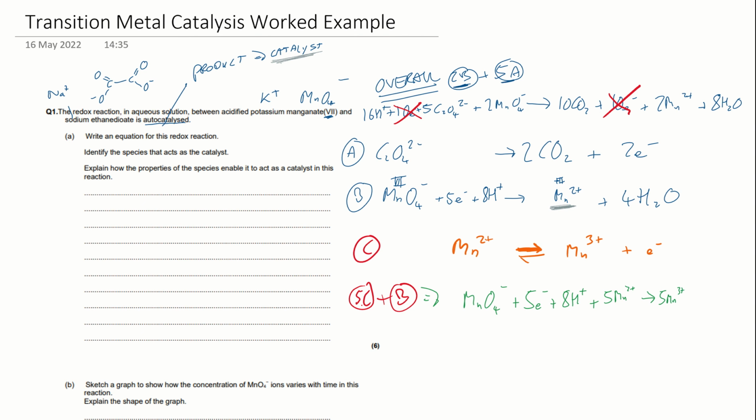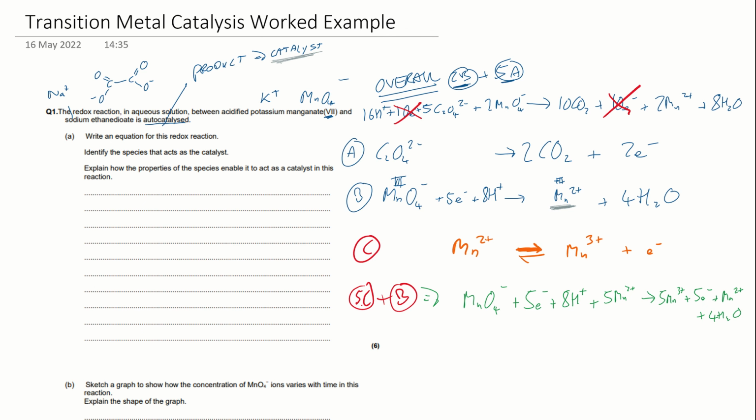I'm sticking with the Mn because I really don't want to forget this 5 multiplication. And then I'm going back to my one that I didn't need to multiply, which is B, plus Mn2 plus, plus 4H2O.